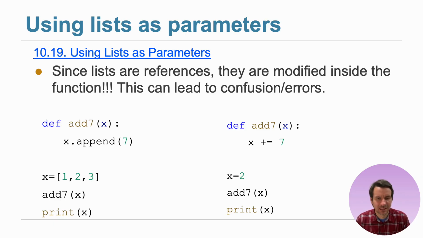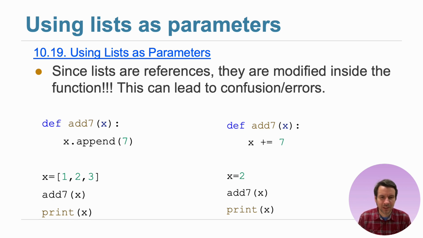Now here is another interesting thing that happens. I have here the function add 7, right? Two ways of it. The one on the left assumes that x is a list, and it adds 7 to the list by calling append 7. The other one assumes that x is a number and adds 7 to the number.